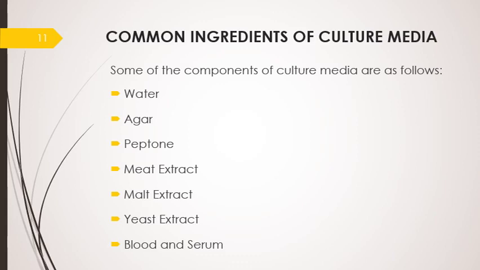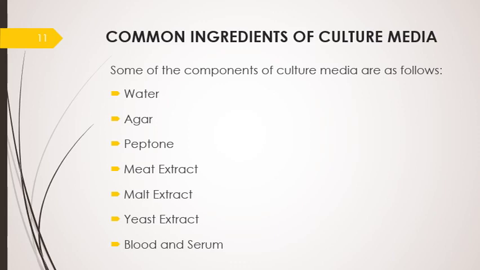It is also a protein degradation product. It may be a carbohydrate or inorganic salts. Basically the meat extract is a growth factor. Similarly, we use yeast extract. It is also a protein degradation product, or you can say that it is also a growth factor.